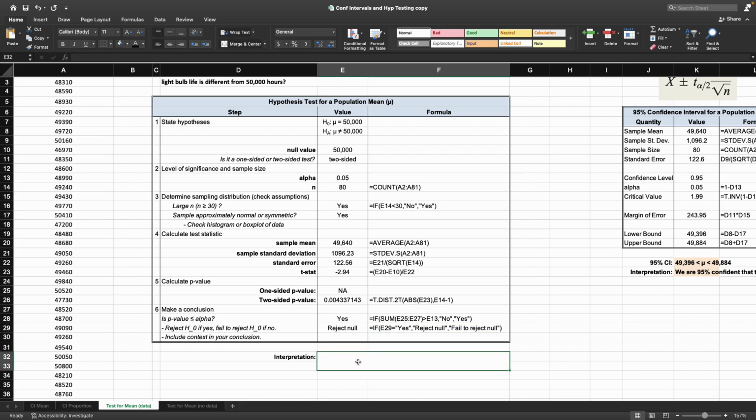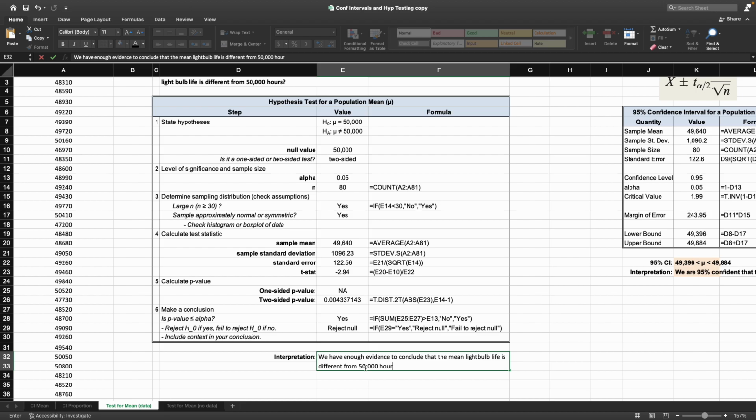So, interpretation, we would say we have enough evidence to conclude that the mean light bulb life is different from 50,000 hours at the alpha equals 0.05 level of significance.